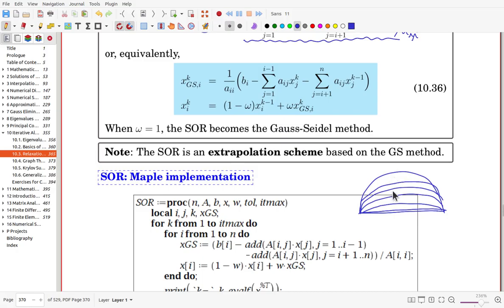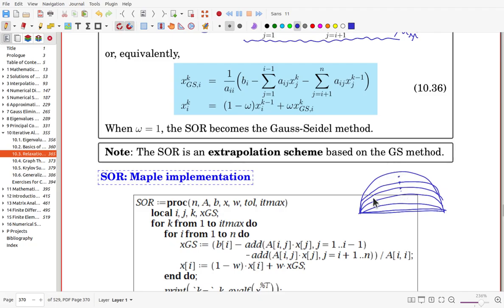So I can say the solution is monotonically improved there. Rather than taking the new one updated by Gauss-Seidel, from the old one and the new Gauss-Seidel, you extrapolate, so it can go further. Now, you may try to choose omega large so that you can jump very fast.